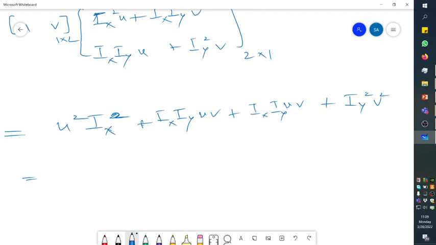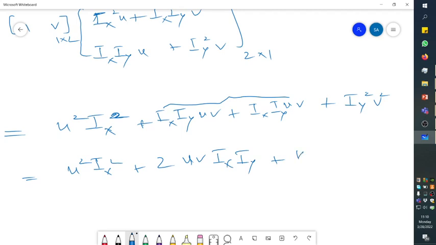So this is what we have and this is the same as, we will combine these two terms. Okay, you get u square ix square plus 2 times uv ix iy plus v square iy square, which is the same as saying u ix plus v iy, the whole thing squared.